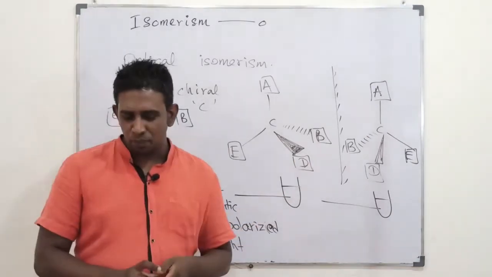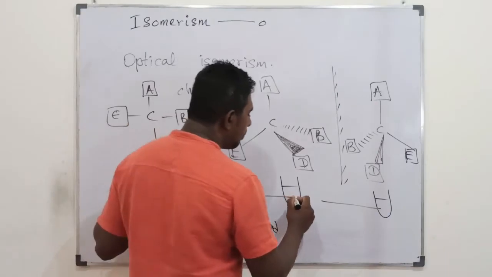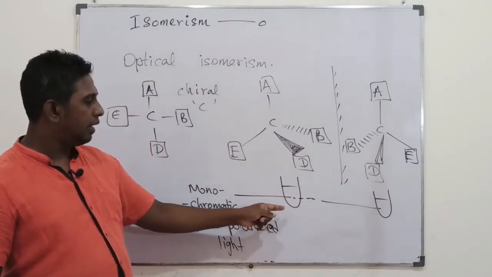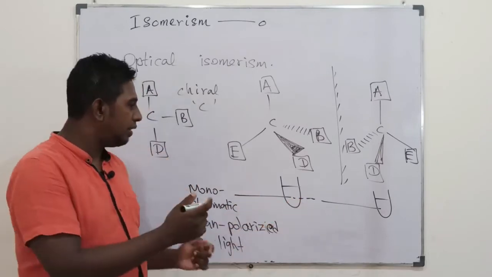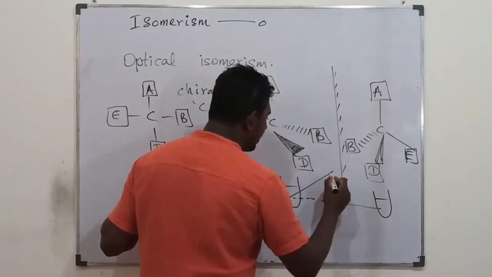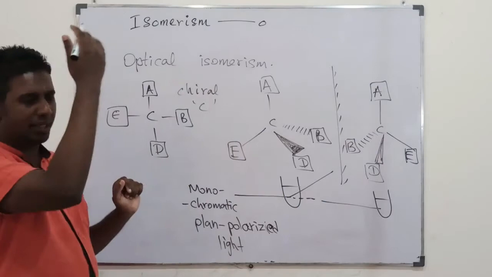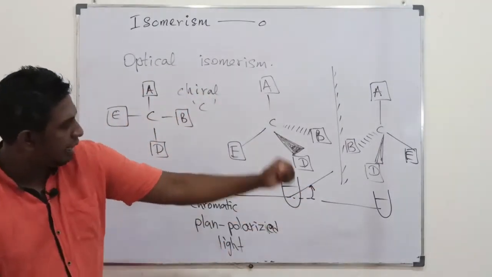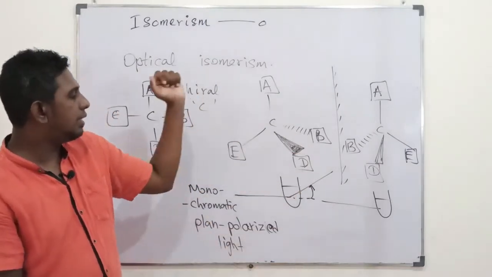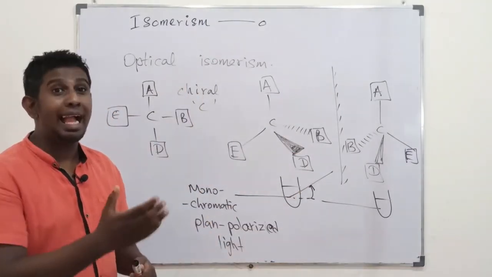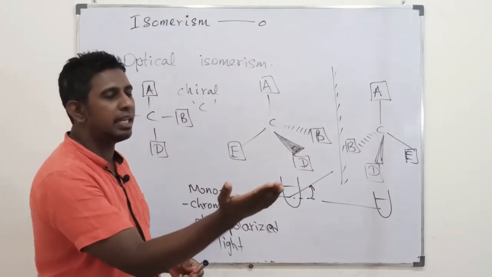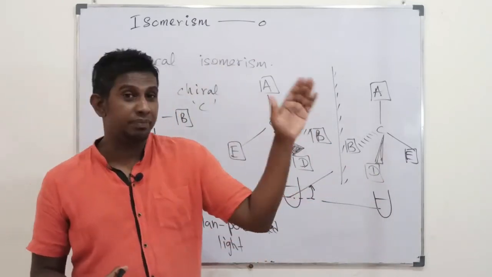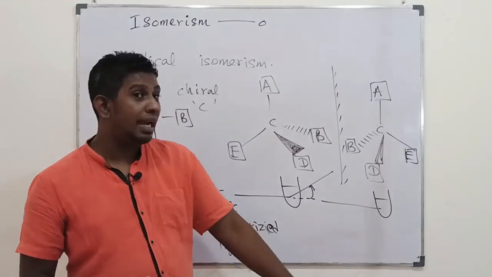Then students, when you pass monochromatic plane polarized light through this type, it would rotate the plane in one direction. Let's say it is to the left-hand side, or let's say counterclockwise. It is not the direction where the hands of a clock move, so it is the opposite direction.